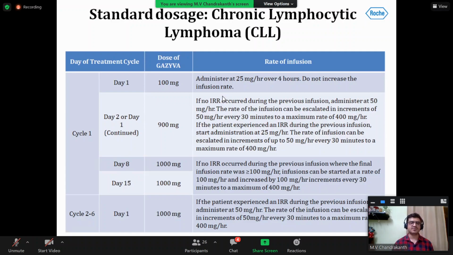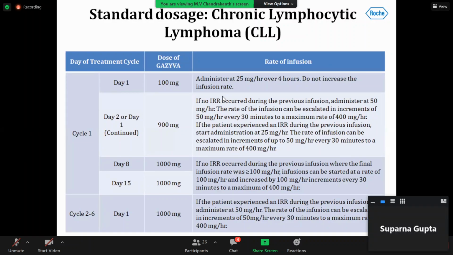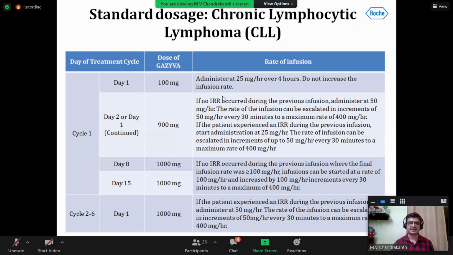To add more into this, the first infusion is divided into day 1 and day 2, that is 100 and 900. And the rate of infusion is the standard. We all know how we have to infuse rituximab. These are monoclonal antibodies, and infusion related reactions are quite many.